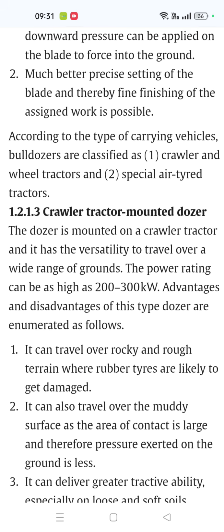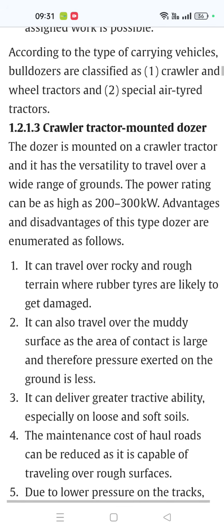According to the type of carrying vehicle, bulldozers are classified as 1. Crawler or wheel tractor, and 2. Special air drive tractor.